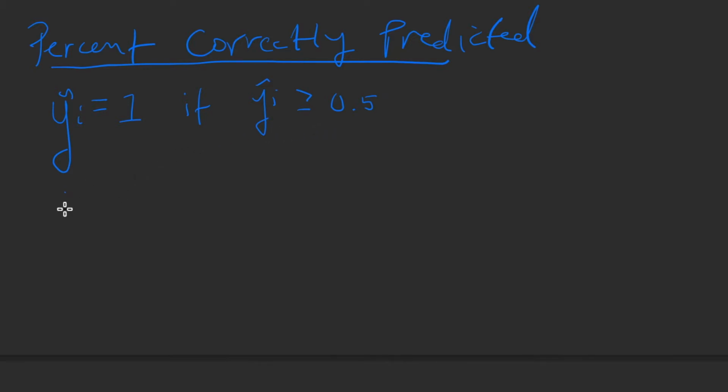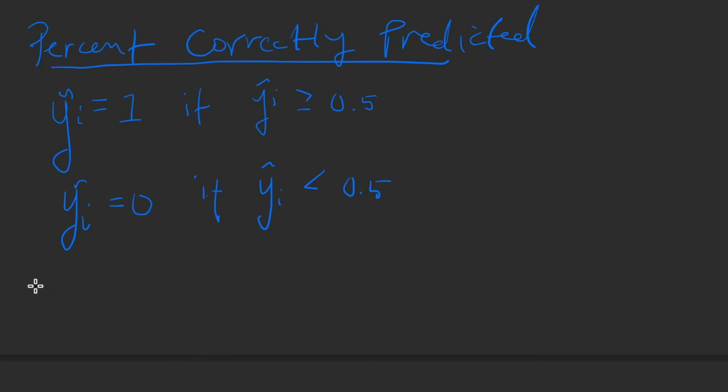And define yi tilde equals 0 if yi hat is less than 0.5.